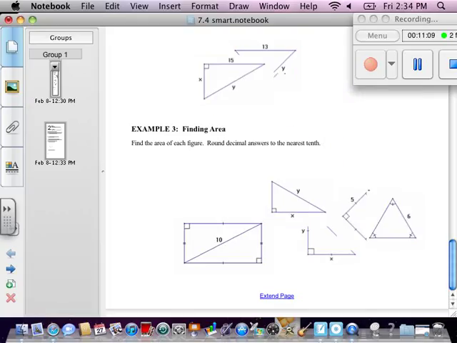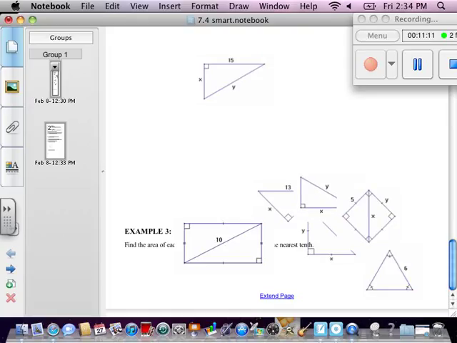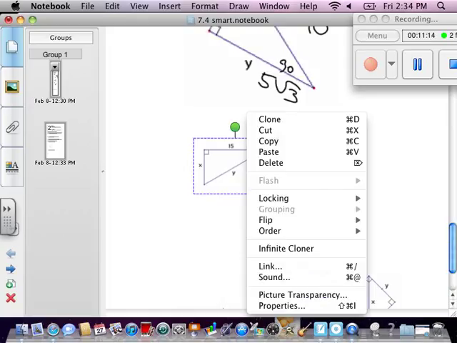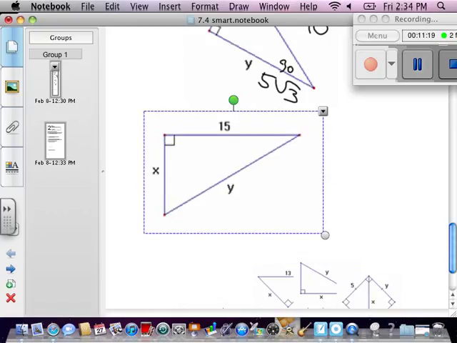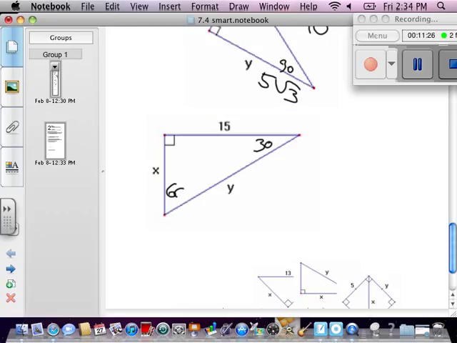There's F. So for F, this is 30, this is 60. Okay, this looks really weird because which one is the smallest side of these? X. Which one is the hypotenuse? And then this is the second longest side.